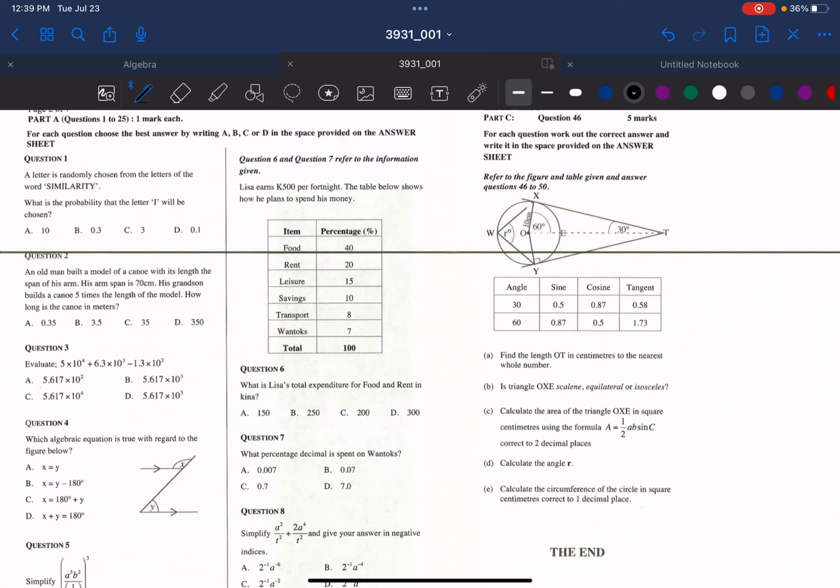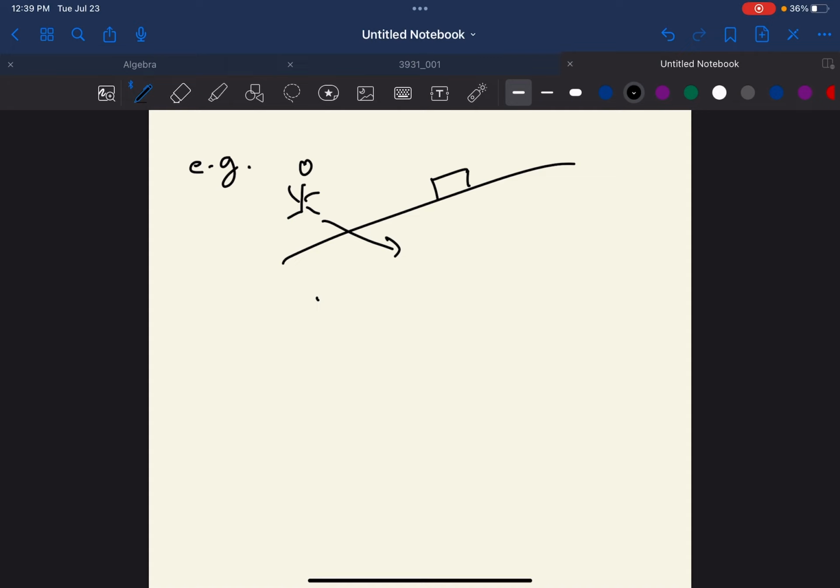All right, now if we look back at this question, where it says what is the probability that letter I will be chosen, I want you to forget all the things that you think you know about math. Let's say a person who has never studied math, and you give him a bunch of letters like similarity. Forget all that you know about math, numbers and whatnot.